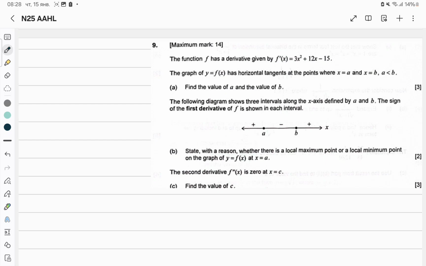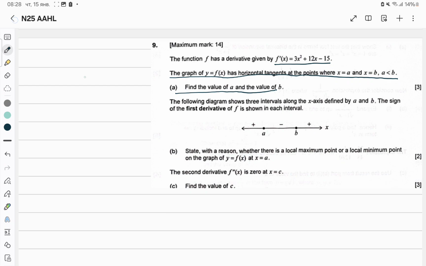The function f has a derivative given by the formula, and the first question is to find the values a and b. The graph of y has a horizontal tangent at x equals a and x equals b. Horizontal tangent means that the gradient of this tangent is 0.